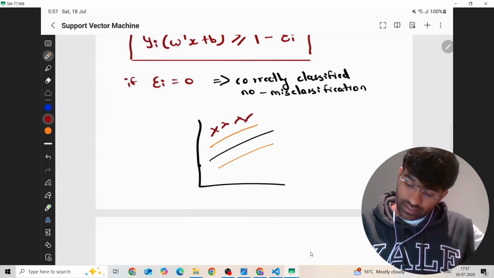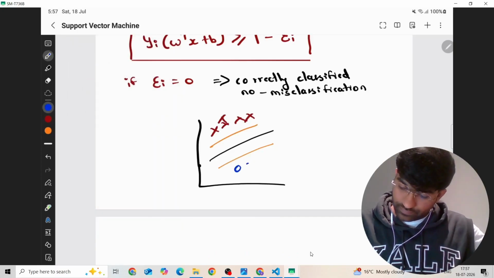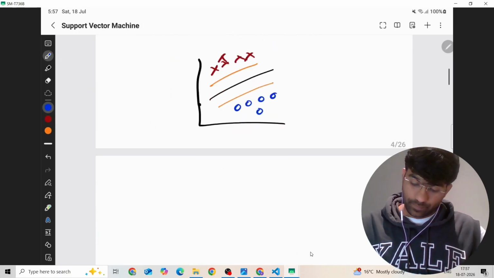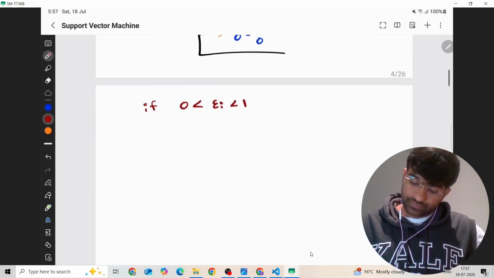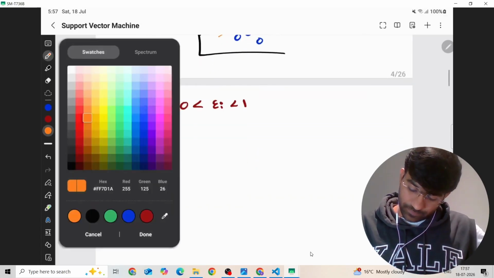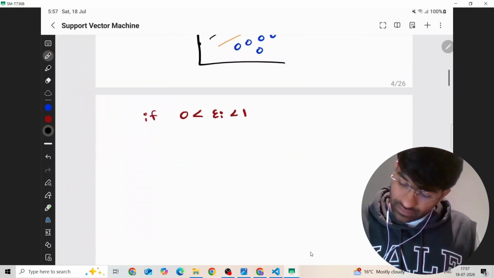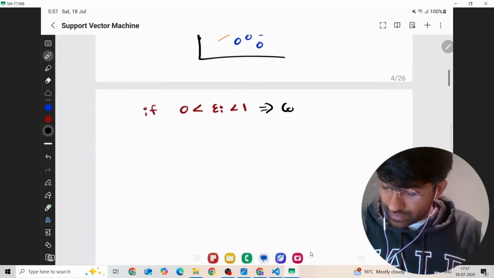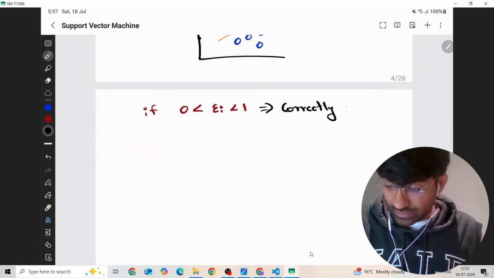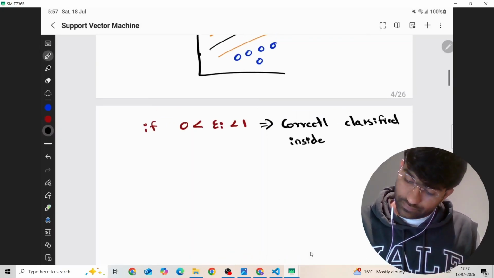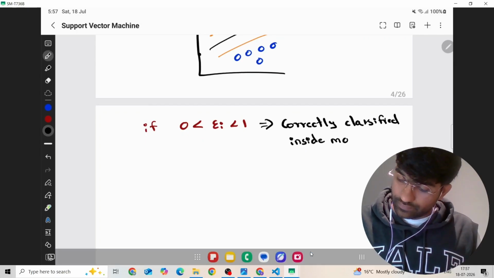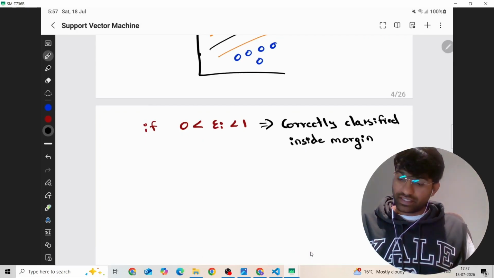Data are correctly classified. No error. And if error is greater than 0, less than 1, this means data is correctly classified, but data is inside the margin.